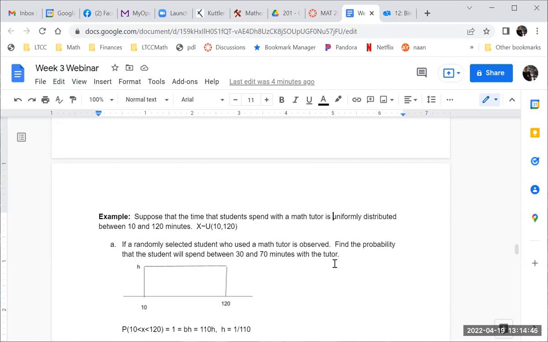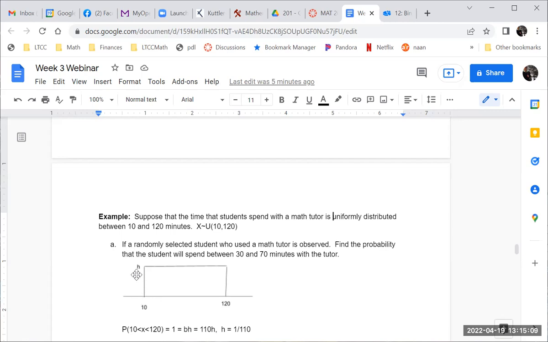Got it? And as I've mentioned a bunch in the last 15 minutes or so, the picture is going to be a rectangle. I put 10 and 120 because that's the lower and the upper bound for all possible numbers of minutes that people can use a math tutor.